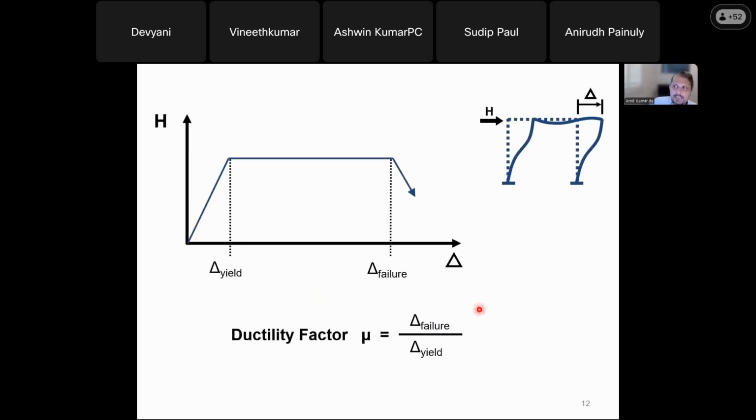And then we can think about a ductility factor, which is a ratio of the displacement at failure divided by the displacement at yield. The larger the ductility factor is, the larger your ductility is. So if you have a ductility factor of 6, 7, 8, 9, you get a structure that is able to stretch much more without actually failing. And then this going downhill is failure of the structure.